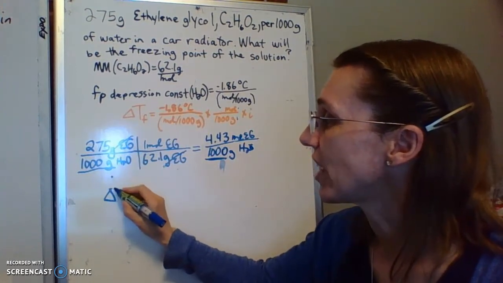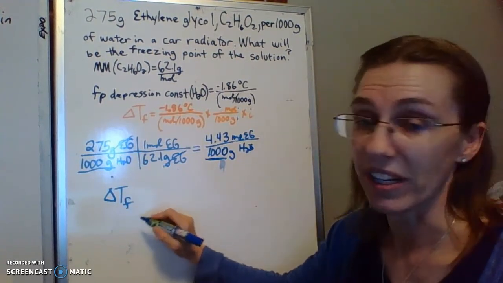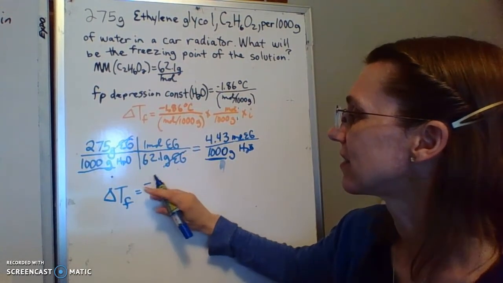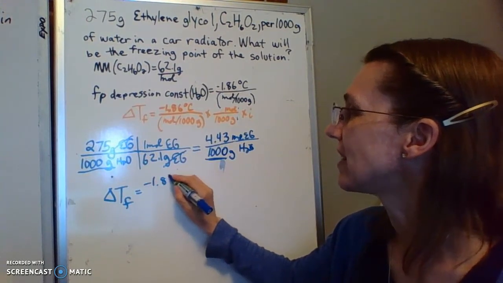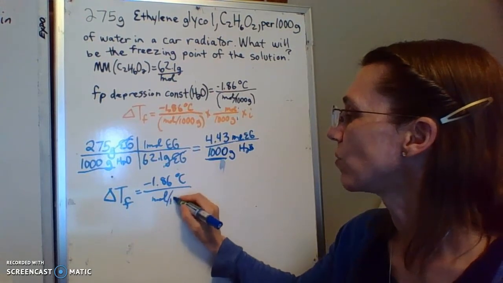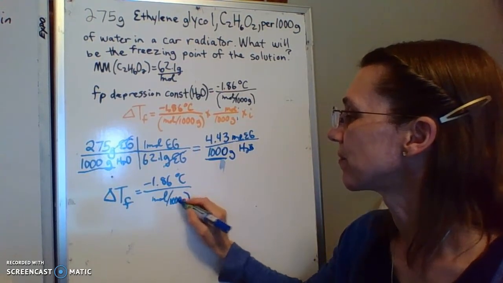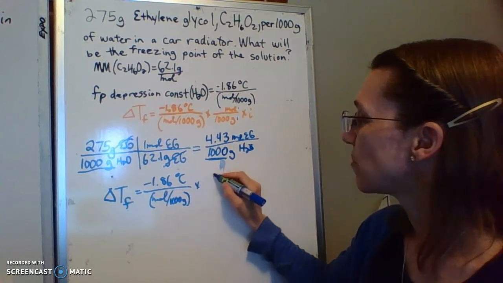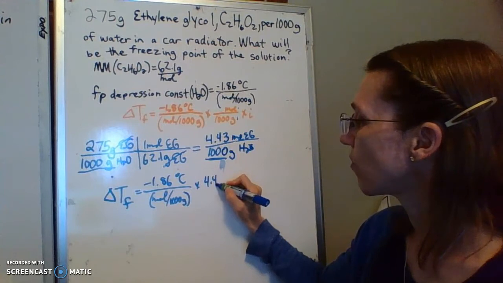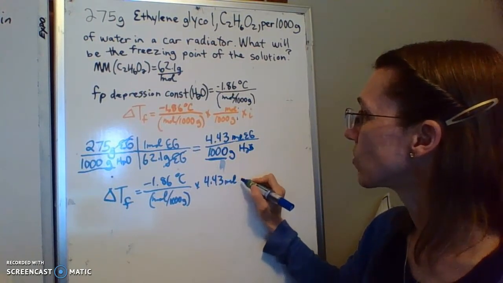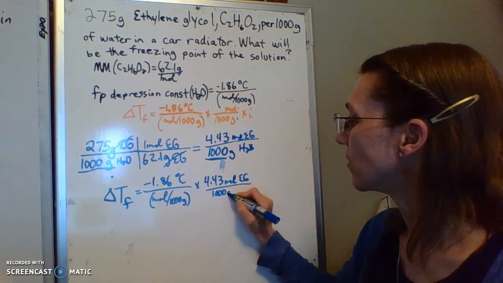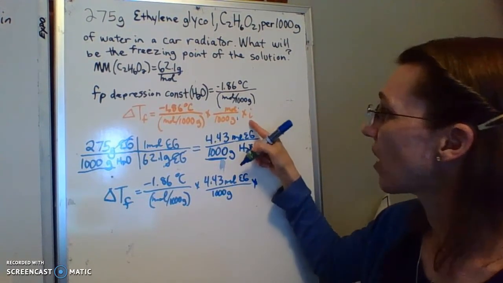Remember, we're calculating the change in temperature of the freezing point, not the actual freezing point. So we've got our constant, 1.86 degrees Celsius per mole per 1,000 grams, times our actual number here, which is 4.43 moles of our ethylene glycol per 1,000 grams, times our i.